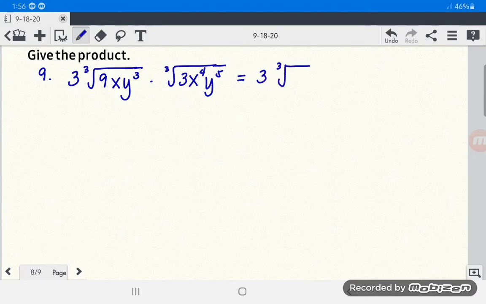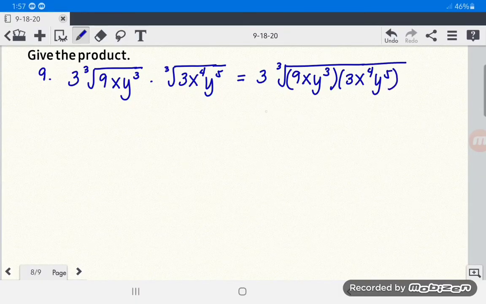Then cube root of, again multiply, 9xy cubed times 3x raised to 4 y raised to 5. Okay. Then copy 3. Cube root of 9 times 3, we have 27.